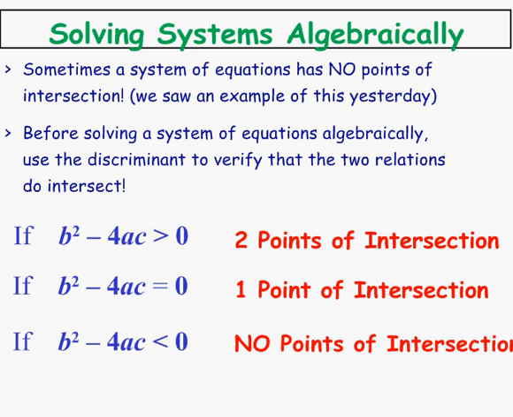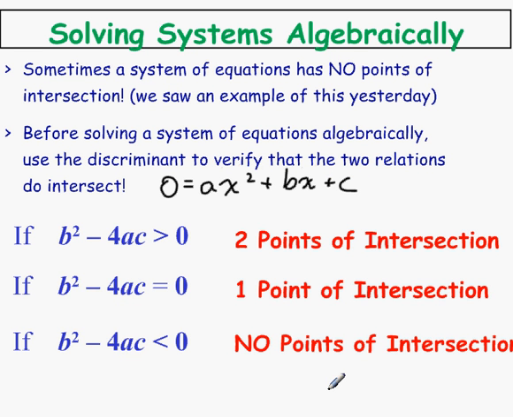So before we actually solve to find the point of intersection, we want to verify using the discriminant that they actually do have points of intersection. When we use the discriminant, we use our quadratic equation in standard form, ax squared plus bx plus c.